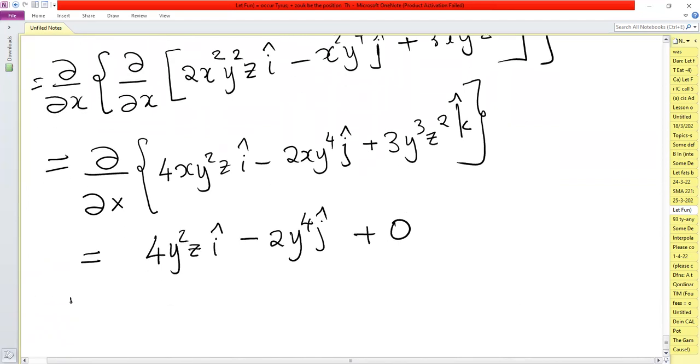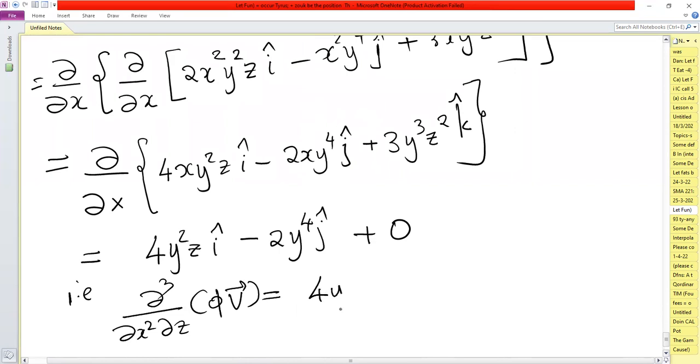So i.e. partial cubed partial x squared partial z of phi v is given by 4 y squared z i minus 2 y power 4 j.